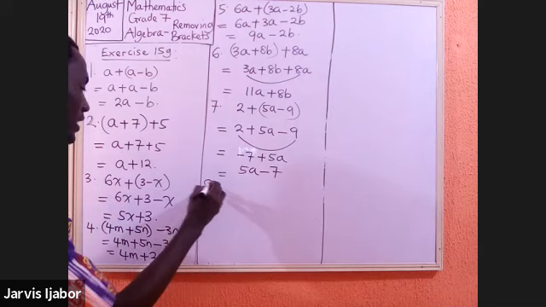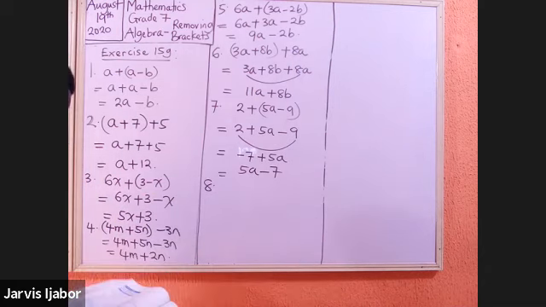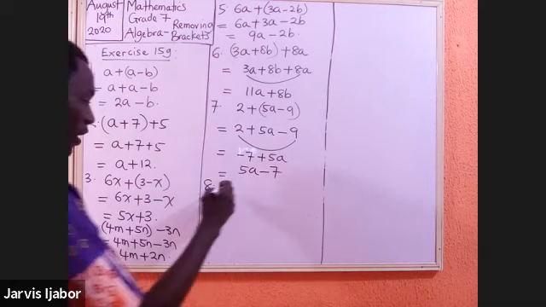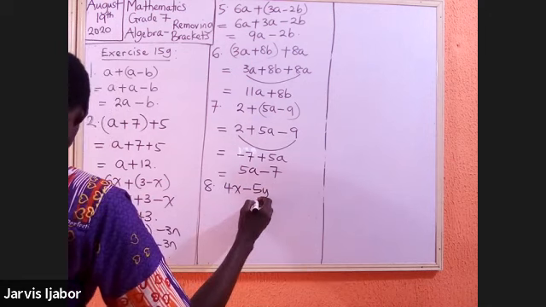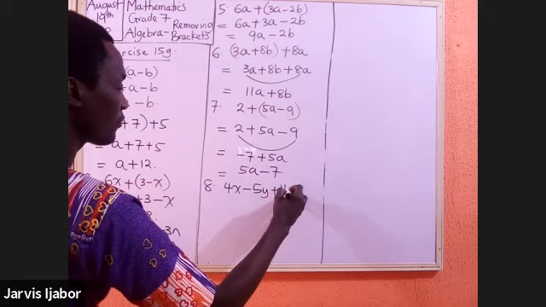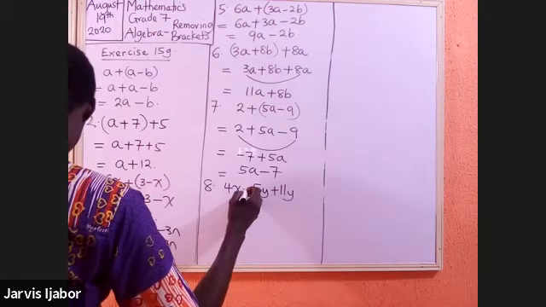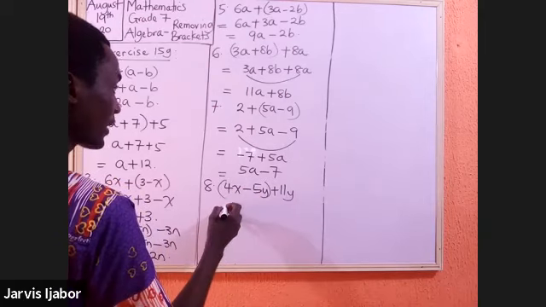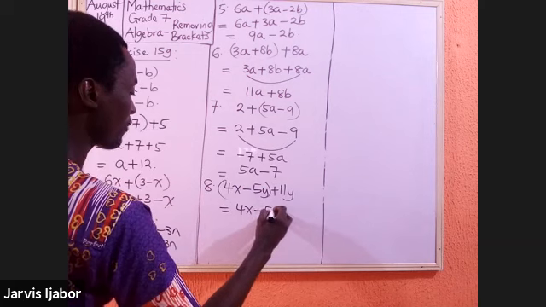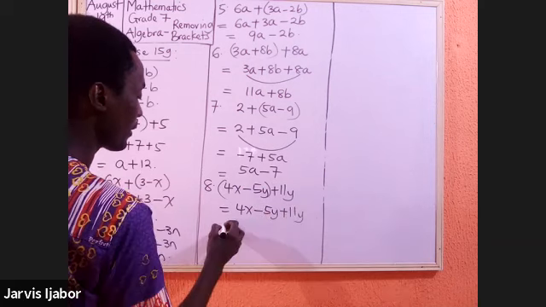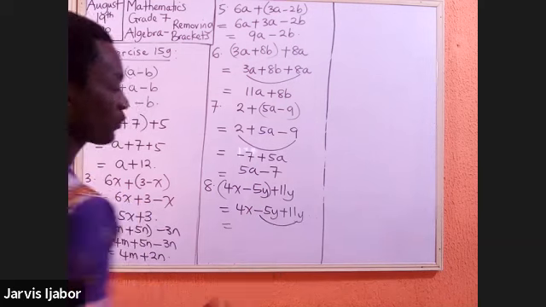Now, question 8. In question 8, we have 4x minus 5y plus 11y. This in brackets will now be equal to 4x minus 5y plus 11y. Now, this I was concerned with.